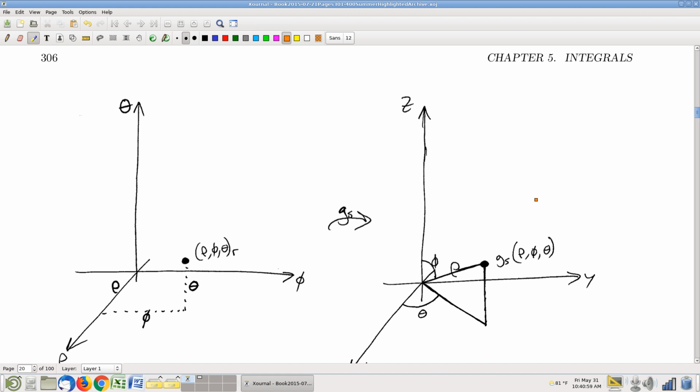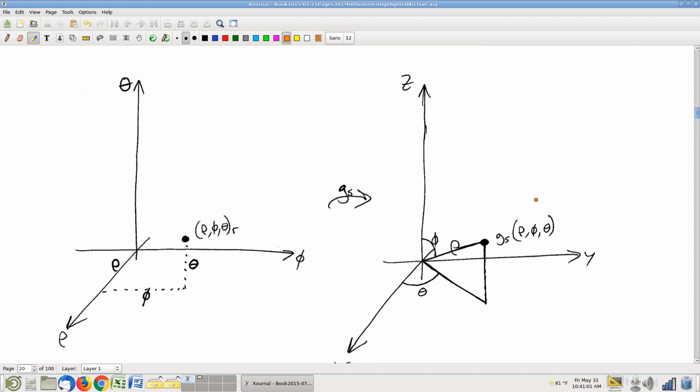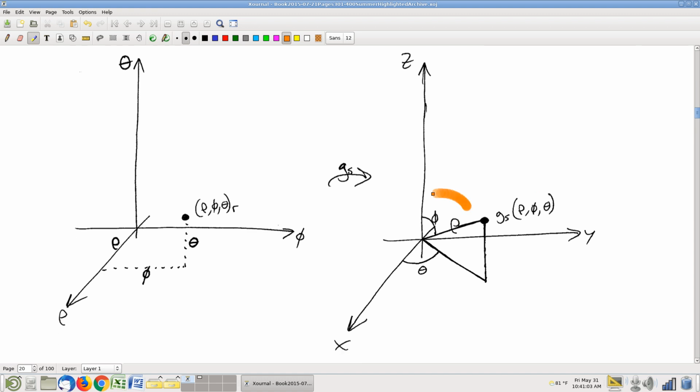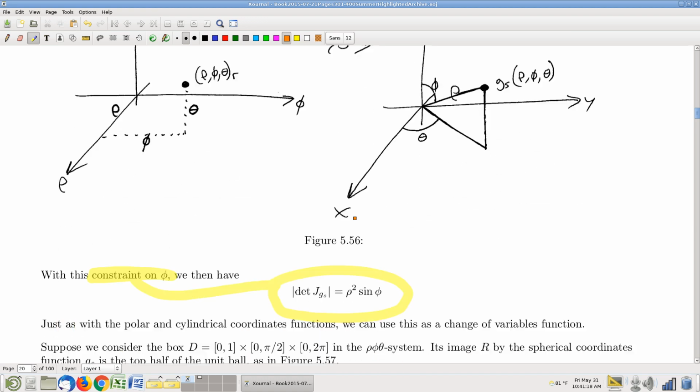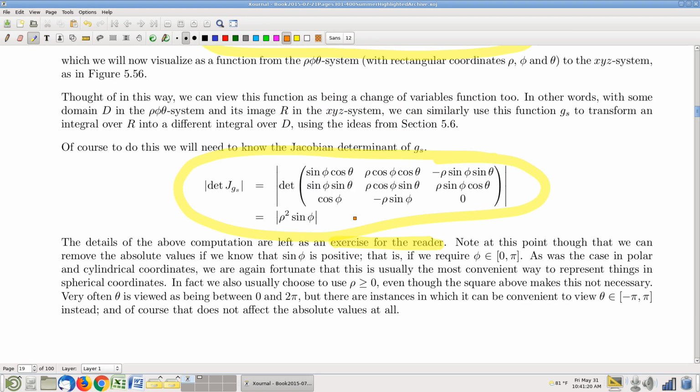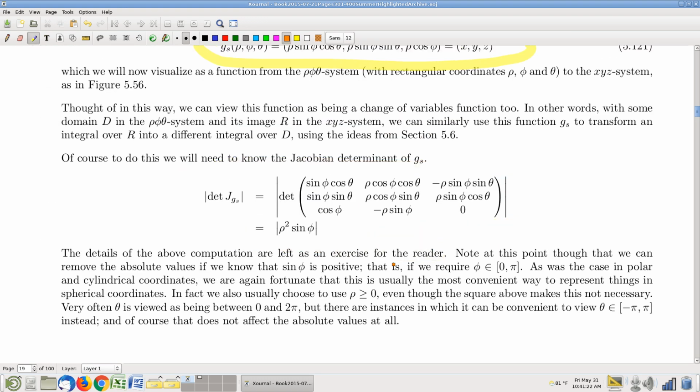Conversion formulas can be thought of as a function. So we think of rho, phi, and theta as part of the XYZ space, but let's think now of rho, phi, and theta as being their own axis system. The conversion formulas are a change of variables function. Let's compute the stretching factor.